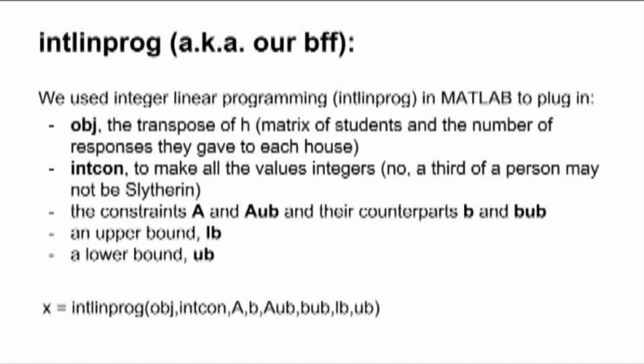And intcon made all of the values of the solution vector x integers, and it also takes in the constraints A and Aub, b and bub, and a lower bound and upper bound, which we set to 0 and 1 because we wanted zeros and ones to come out in the x vector.